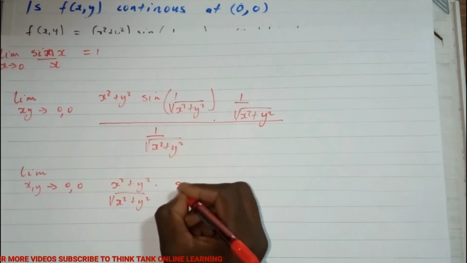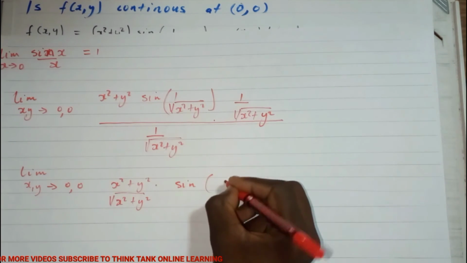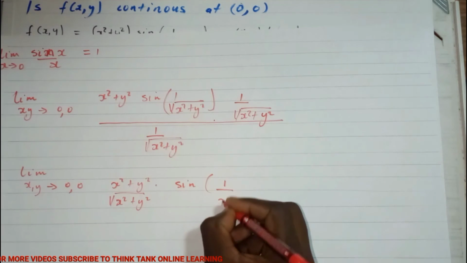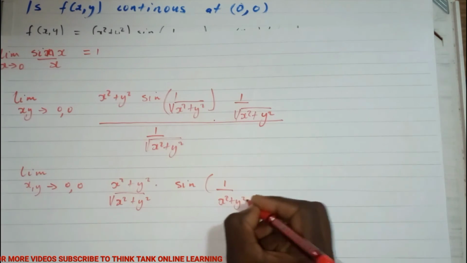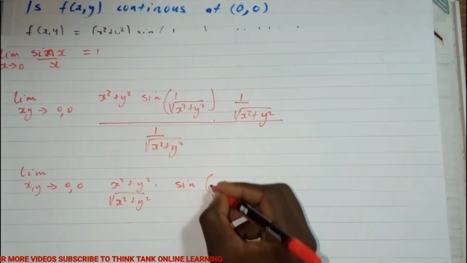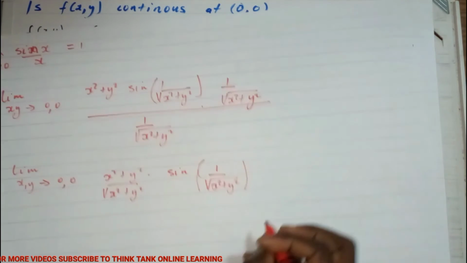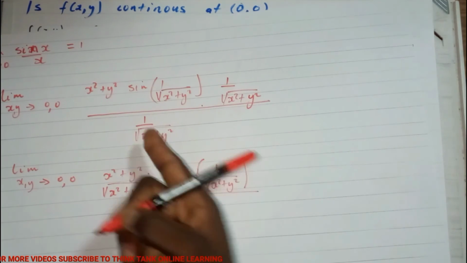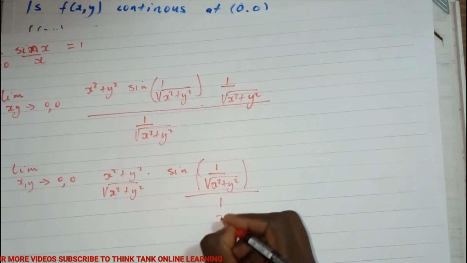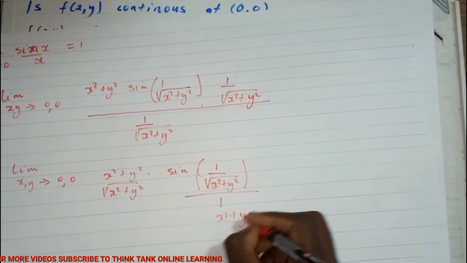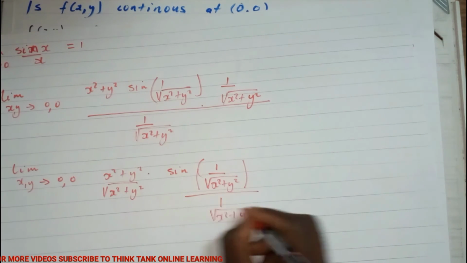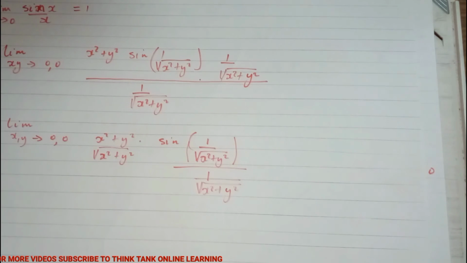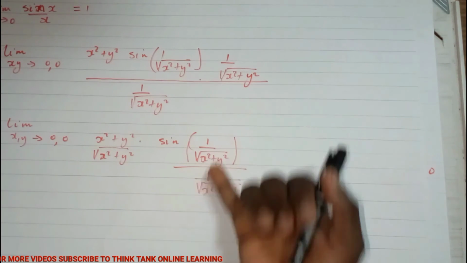Times sin(1/(x² + y²)) divided by 1/(x² + y²). And as you can see, we're good here.